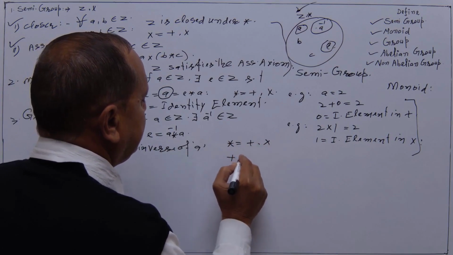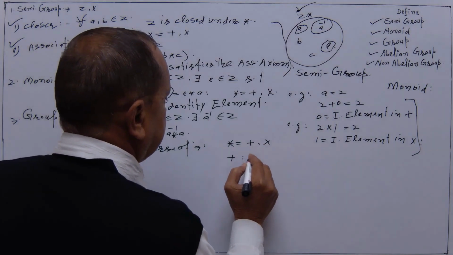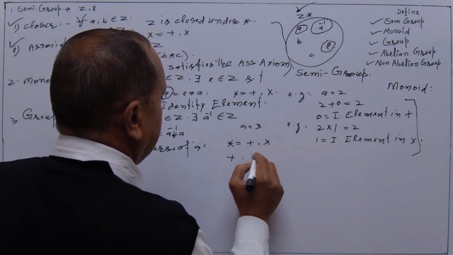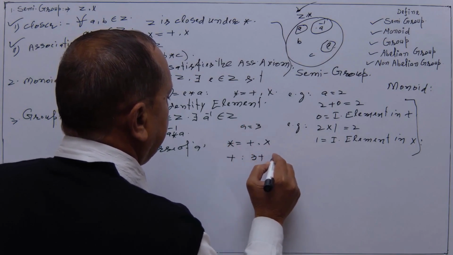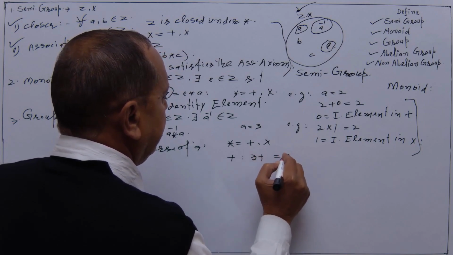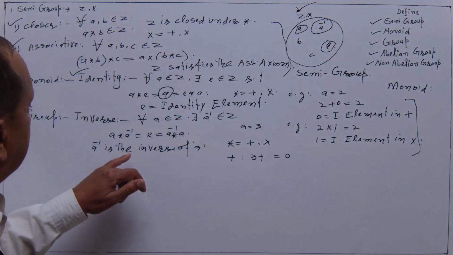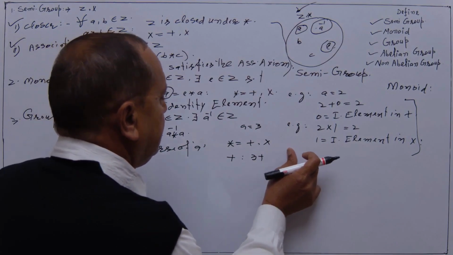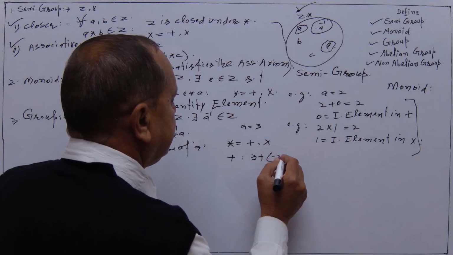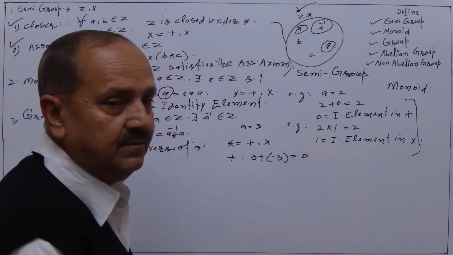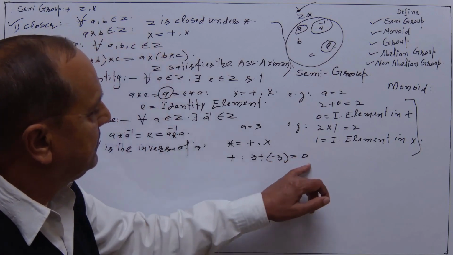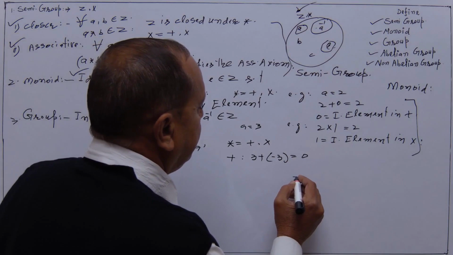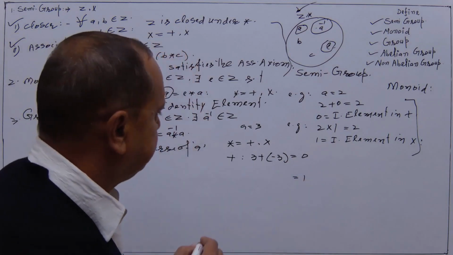In case of addition, say a is equal to 3, the number 3 added to its additive inverse should be equal to the identity element 0. 0 is the identity element in addition and 1 is the identity element in multiplication.